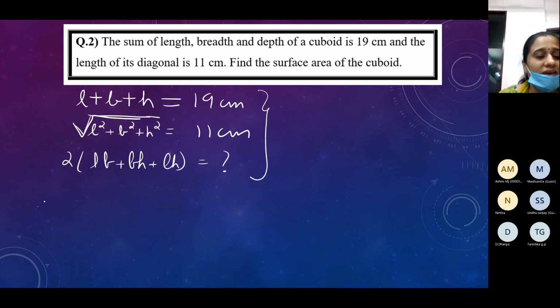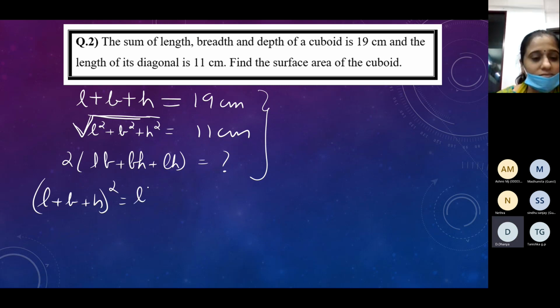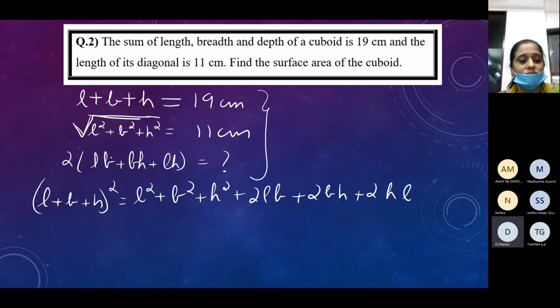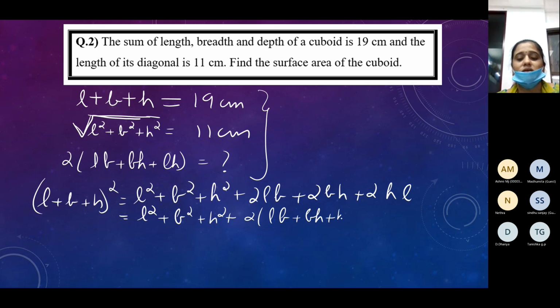So this looks like L plus B plus H the whole square. Expand this, Danya. What is L plus B plus H the whole square? L square plus B square plus H square plus 2LB plus 2BH plus 2HL. Correct. When you take out 2 common, what will you get? L square plus B square plus H square plus 2 in brackets LB plus BH plus HL. Correct, children?